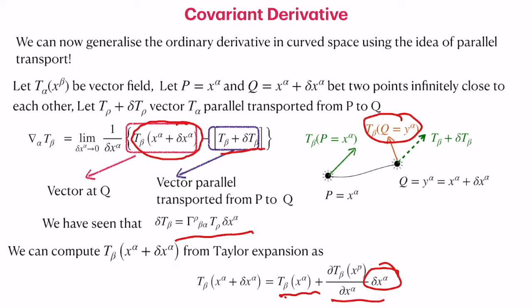The Taylor expansion can always be done for a smooth vector field, but the important point to note is that this Taylor expansion is not tensorial, as we have partial differentiation here. Partial differentiation does not transform like a tensor, so this expression is not covariant.